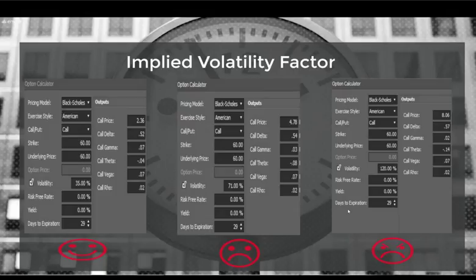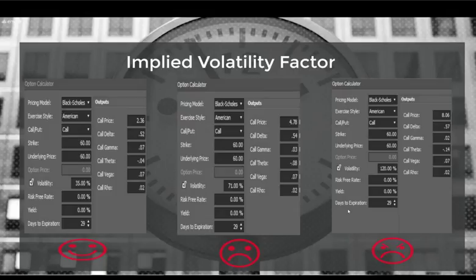These are all at-the-money options. But you can see how much more of the call price, the extrinsic value, there will be if volatility is at 35, 71, and also 120.